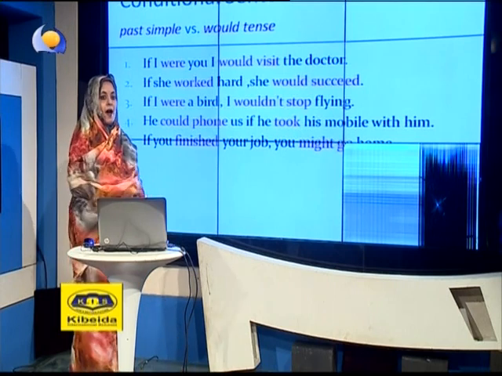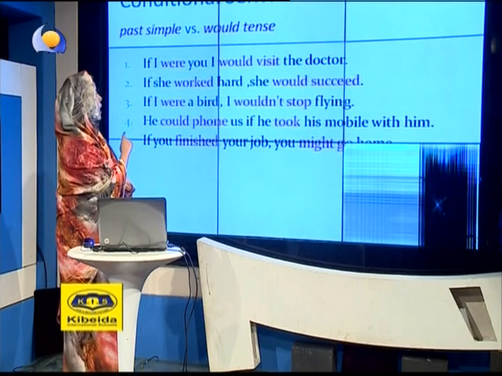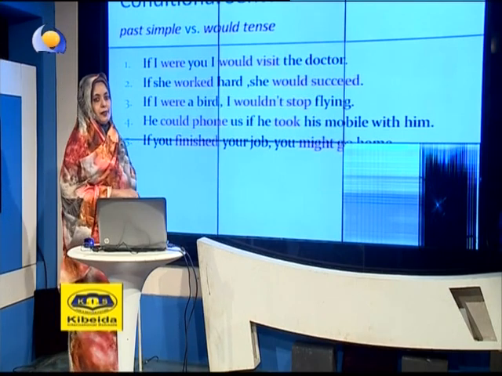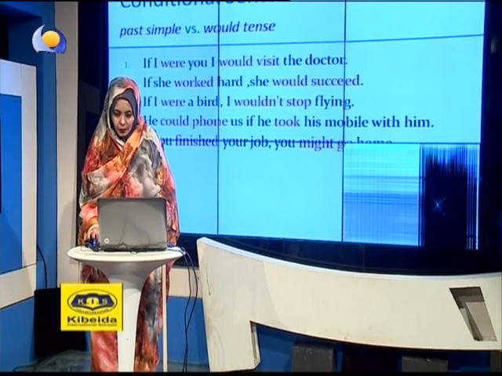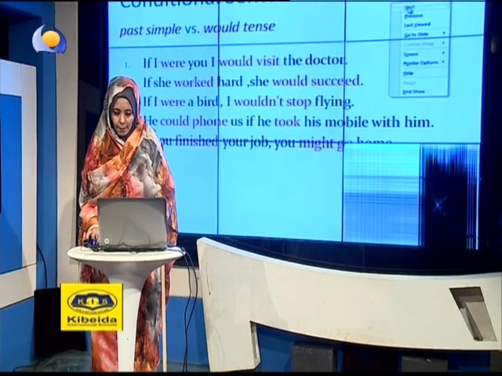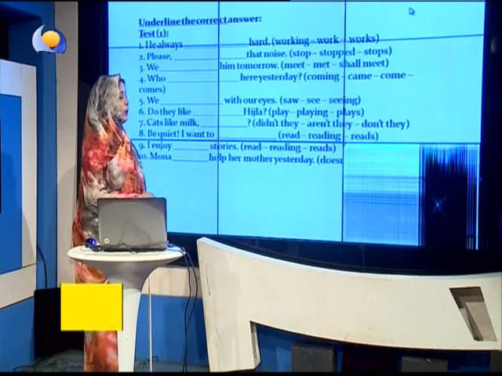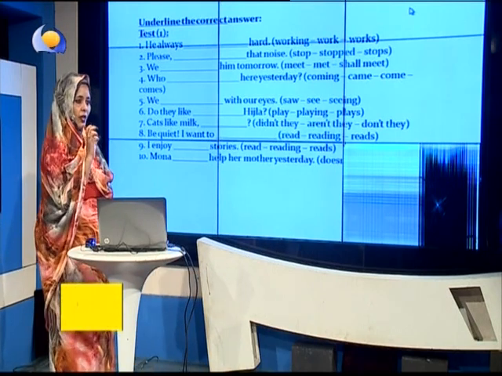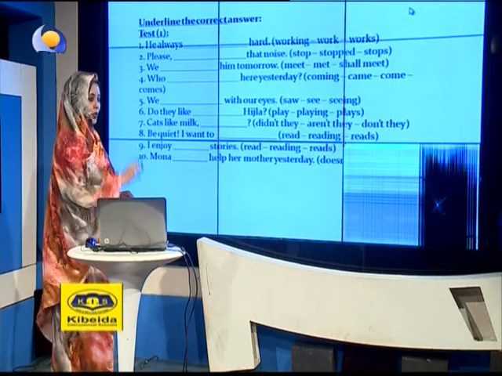So if I have present, I complete it with future. If I have past, I complete it with would tense. Now let us solve together this sample, and I wish you could screenshot it while you are watching. This would be very useful so that you can use it later.